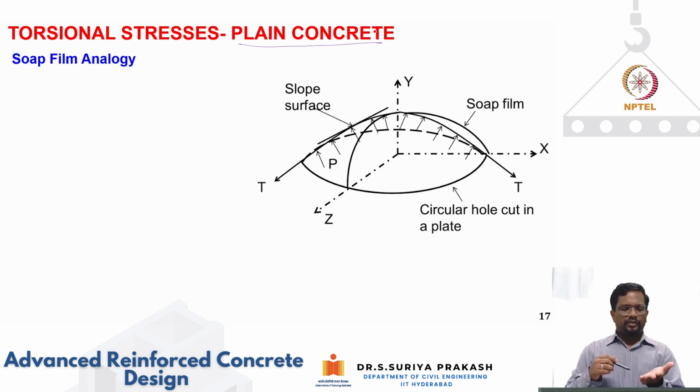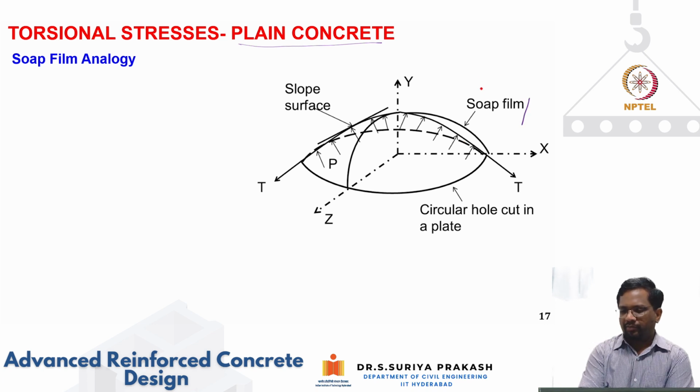In that circular plate, let's say a soap film, or I put a small membrane, like a very flexible rubber, and then I start inflating. What will happen? You're going to get this kind of a surface, which is also called a soap film, or sometimes people call it a membrane analogy.